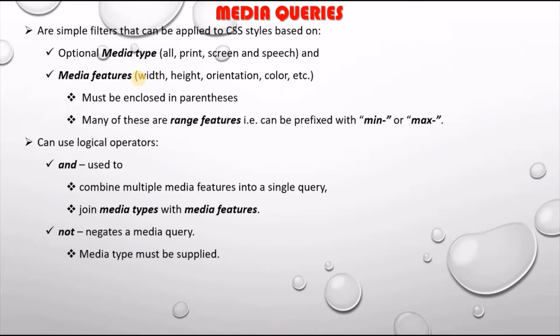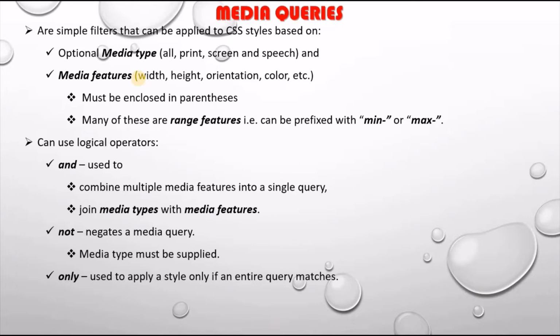And when you use a not operator, you remember we said the media type is optional. But when you use the not operator, and the only operator which you see in a moment, the media type must be supplied. It ceases to be optional. The only operator is used to apply a style only if an entire query matches.